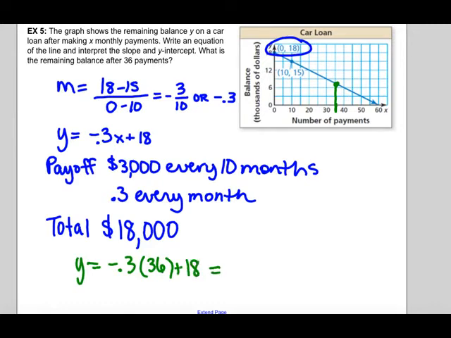It is going to yield for me the cost of what I have left to pay. Which is 7.2. Well, 7.2 what? Well, that is $7,200. 36 months is 3 years. So after 3 years, all I have left to owe on my car is $7,200.